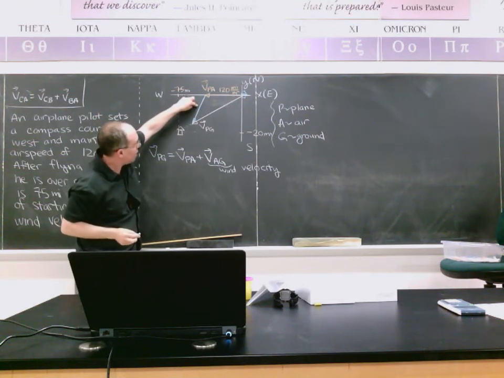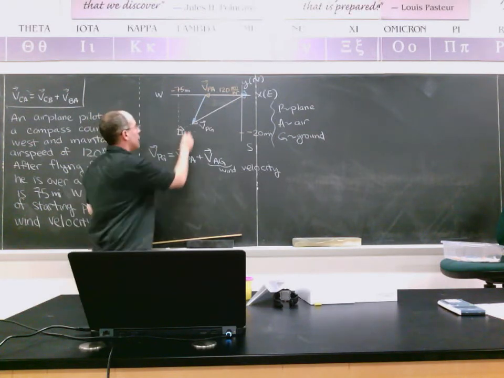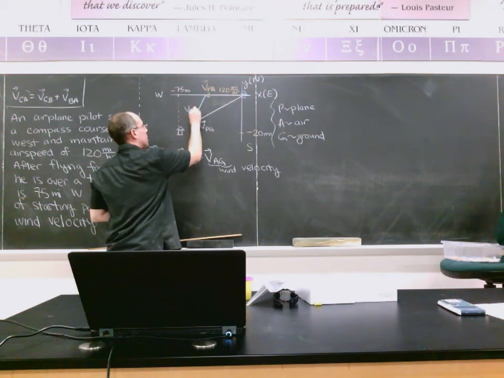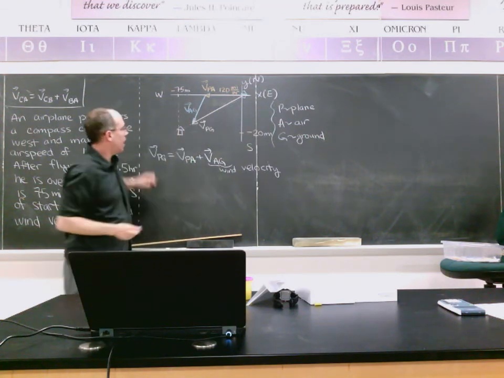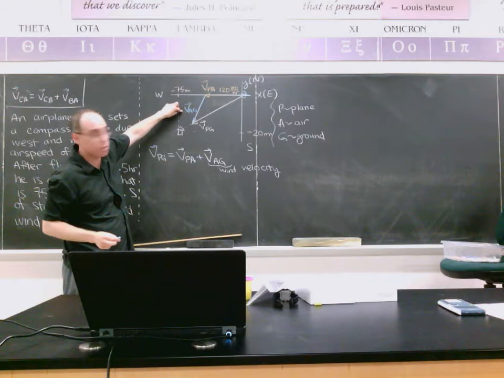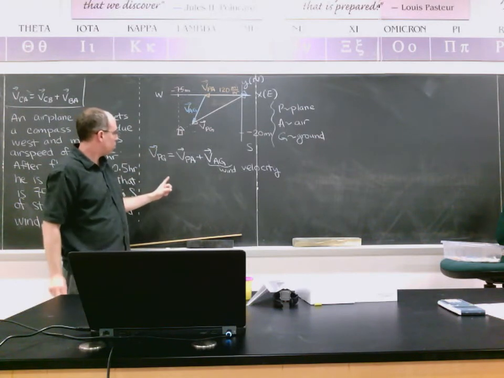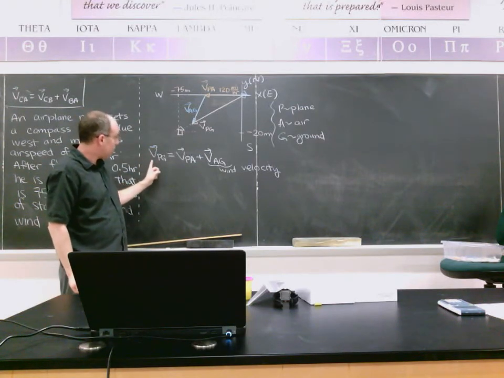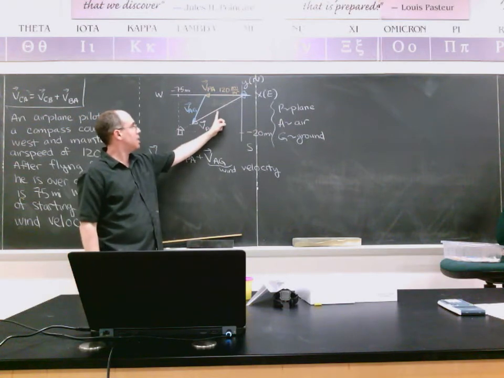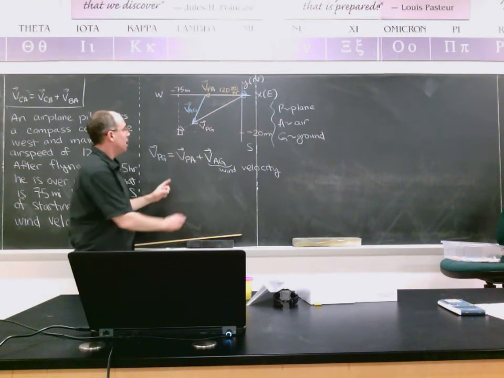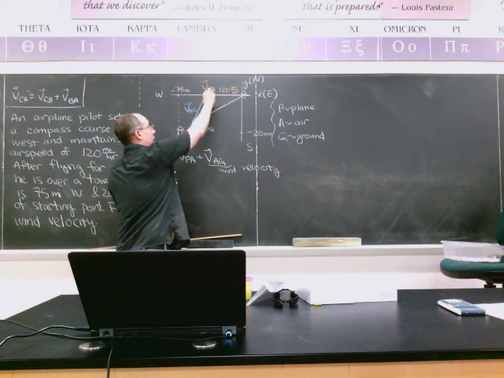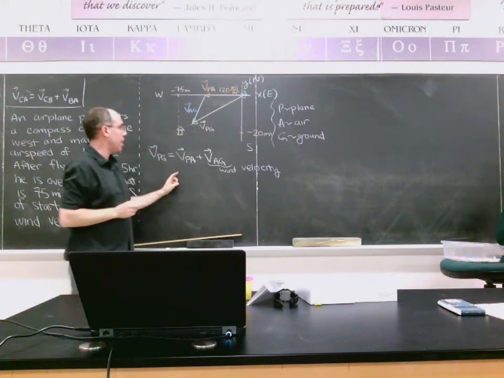right? Look at this vector here. I claim that this vector here is velocity air with respect to ground. Okay, how do I know that this is velocity air with respect to ground? Well, my sandwich rule here is telling me that velocity of plane with respect to ground is velocity of plane with respect to air plus velocity air with respect to ground, right?